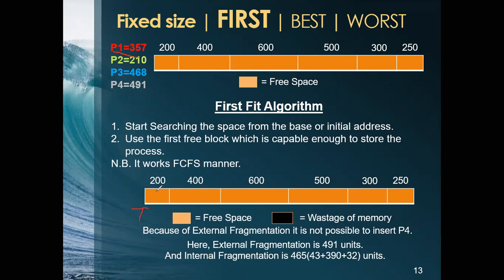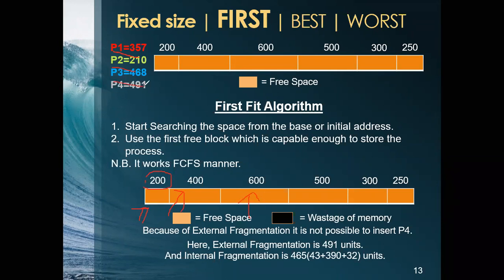Is 200 enough to store 357? No. Is 400 enough? Yes, so I will store P1 here. Then for P2, is 200 enough? No, because I need 210. Is this one enough? Yes, so I will store P2 here.